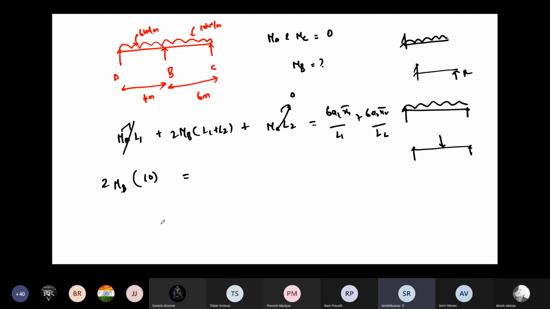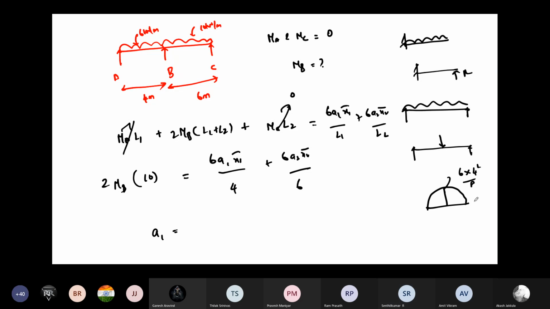First I have to find out A1, A2, all those things, right? I'm just writing A1 X1 bar by L1, which is 4, and A2 X2 bar by L2, which is 6 meter. So what is my A1? It's a parabola, right? What is your WL square by 8? W is 6, 6 into 4 square by 8.